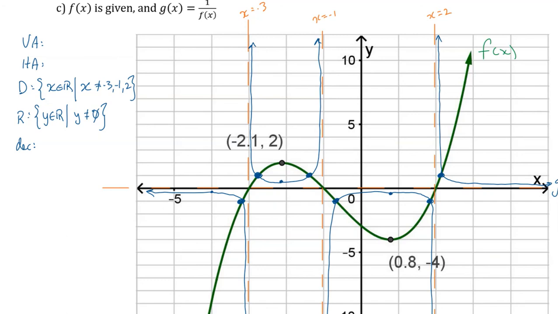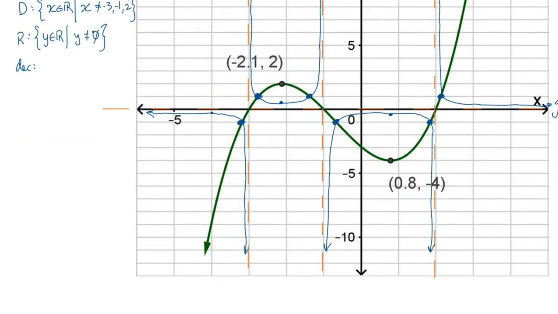Decrease. This is just for when this comes up on a quiz. I'm just going to do this one when it comes up on a quiz. I just want to show you. So this part's decreasing. It's decreasing when x is less than negative 3.